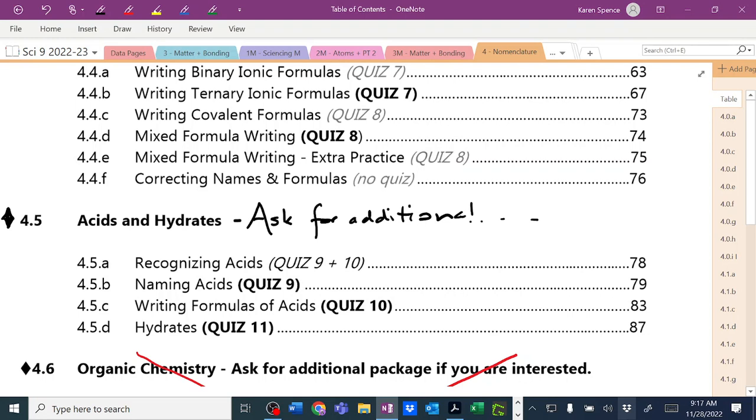Back here. Do you see this box? This is where your quizzes are. So quiz number 1A is the very first one. If you want to take quiz 1A, you walk back here.